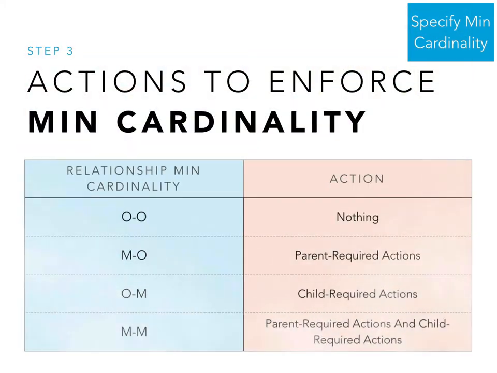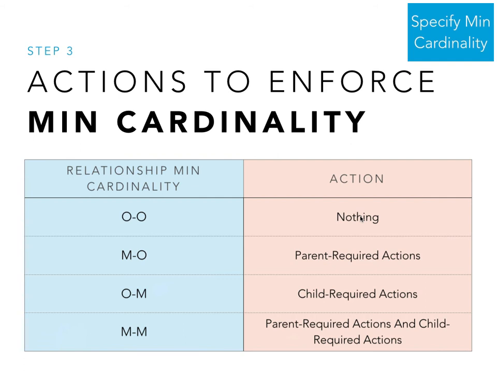All right, one more table to try to put this all together. Keeping those other 2 tables in mind, this table shows which of those actions need to occur in different situations. If we're doing an optional minimum cardinality relationship, then we don't have to do anything, which is nice. And that's what we assumed for all of that step 1, step 2 stuff.